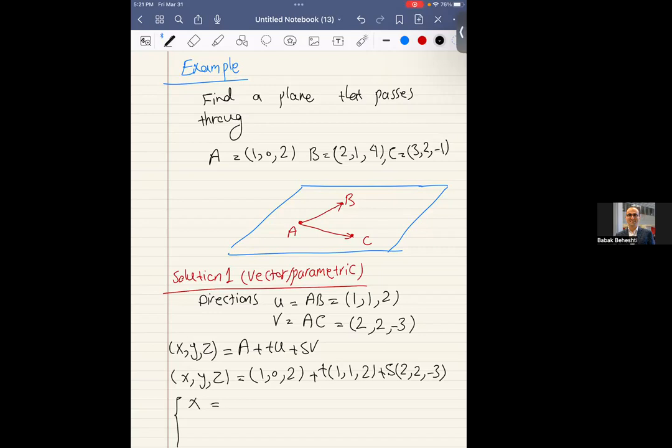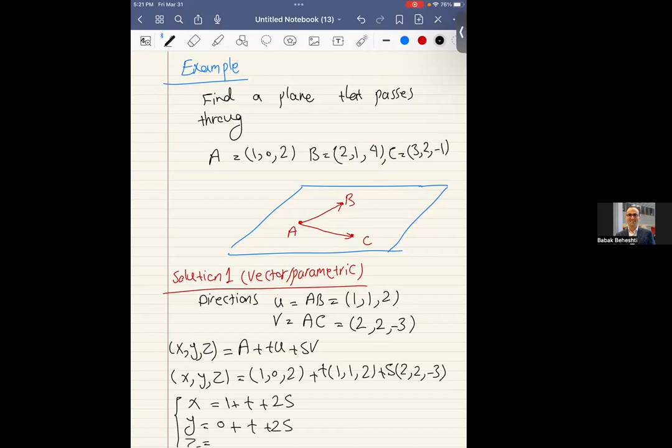So x is the first component. So you can look at the right-hand side. So you have 1 plus t plus 2s. And then y is equal to 0 plus t plus 2s.